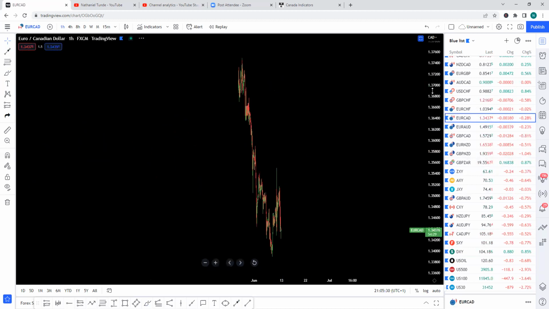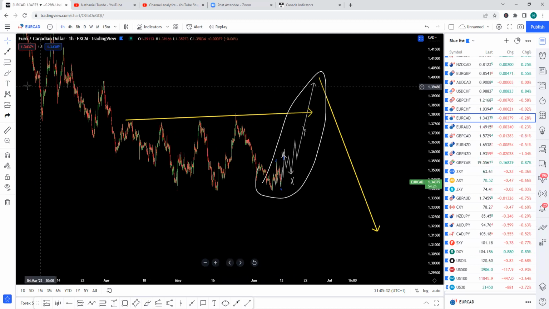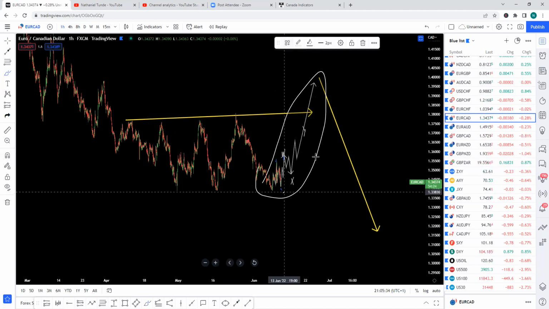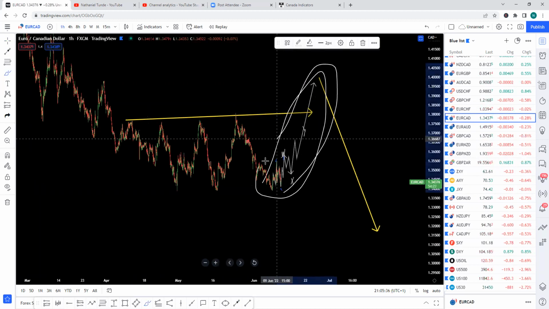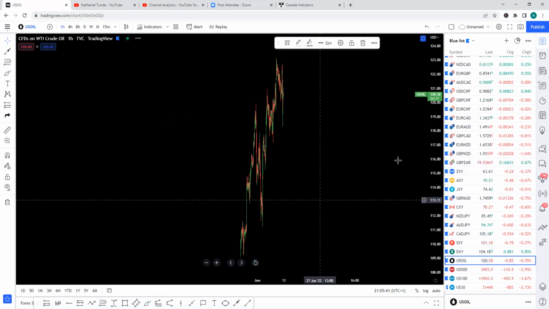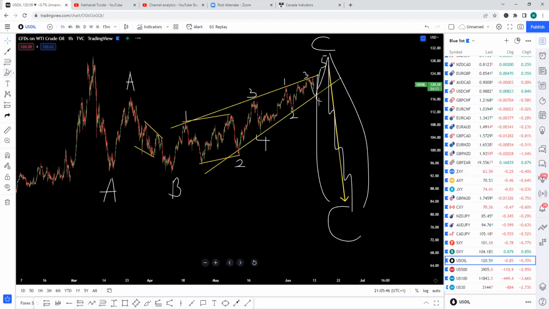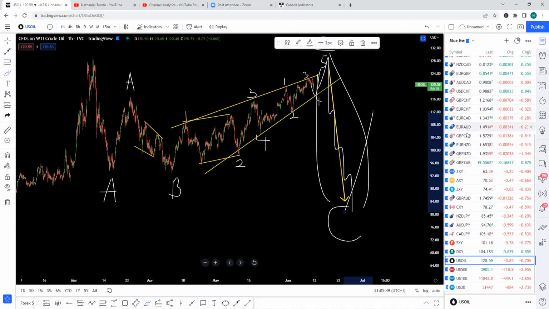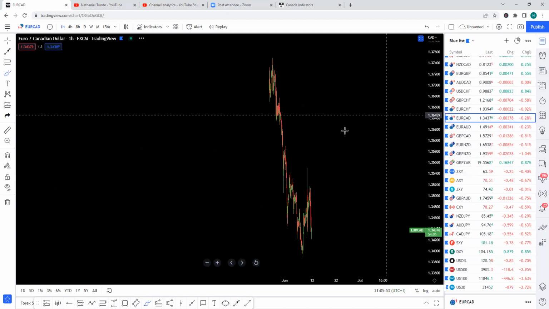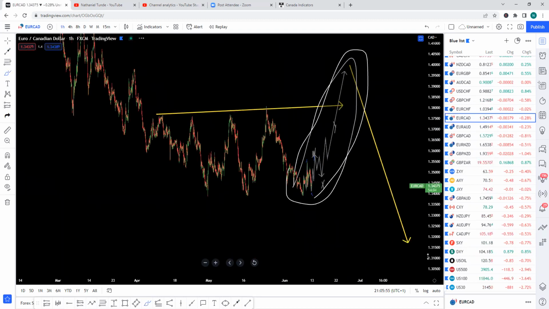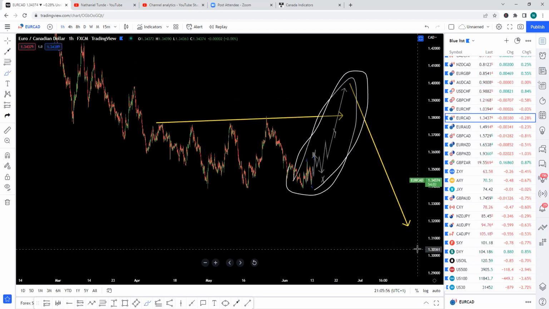Euro CAD will also look upside. That's when Euro CAD is going to grab this move. And as soon as this move is grabbed, and US oil now picks a level as support and it's ready for a move to the upside, that is when, guys, the Euro CAD is going to have a massive move to the downside.